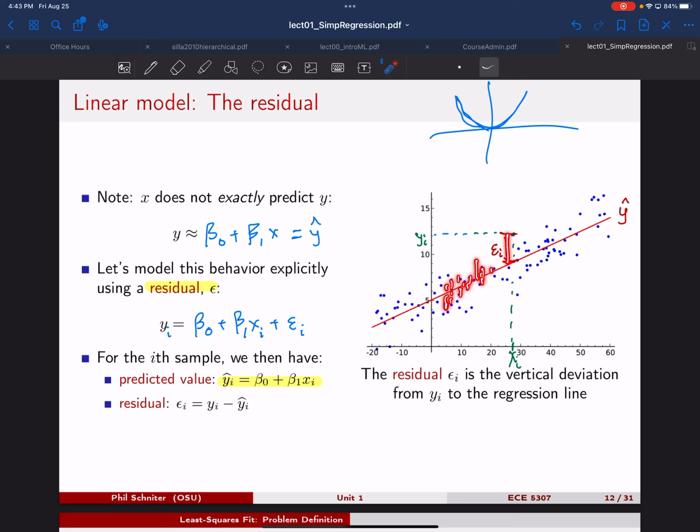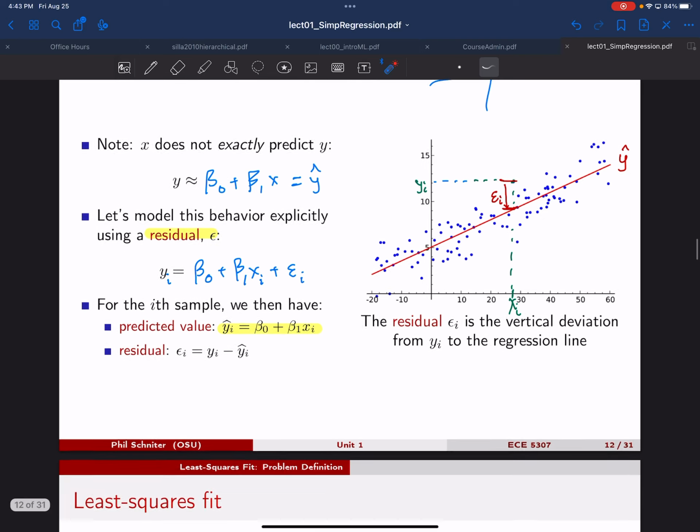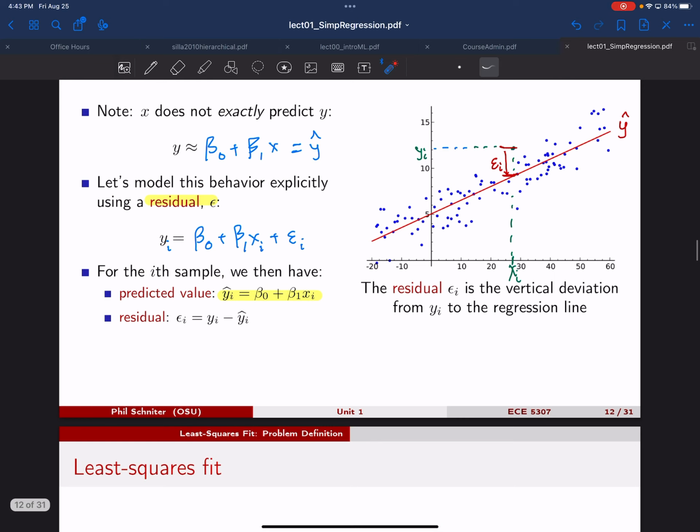You're trying to adjust beta 1 and beta 0, which is the slope and the intercept, until the sum of those squared errors is as small as possible. You're probably going to care about the ones that are farthest away most, because since they're farther away and you're squaring them, they have the biggest effect. Okay, I think it's important to intuitively understand what we're doing. We're adjusting the slope and intercept of this line to try to make all those deviations as small as possible in this sum of squares sense.